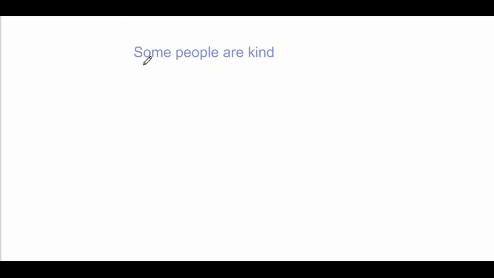Assuming that we don't know what type of proposition it is, we'll break it up and see. Some means it is particular. How do we know if it is affirmative or negative? By the copula, "are" or "are not". So this is particular positive, or affirmative actually.